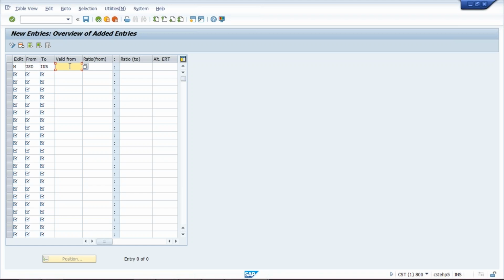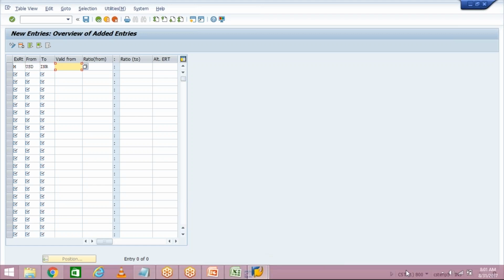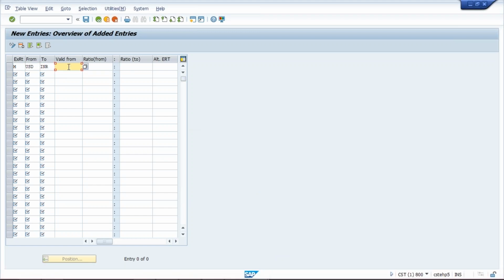A validity date we have to give. So what is the validity date? Let's suppose this is 31st. So give valid from 31st 08 2017. Sorry, the date format was wrong. And ratio from 1 and to 1. 1 is to 1 will be there.